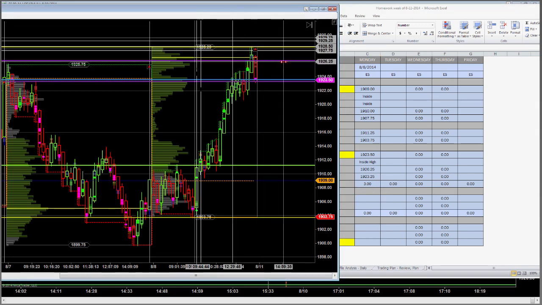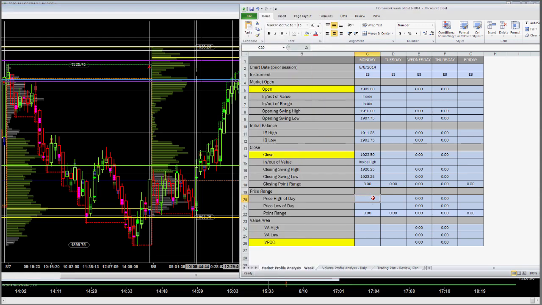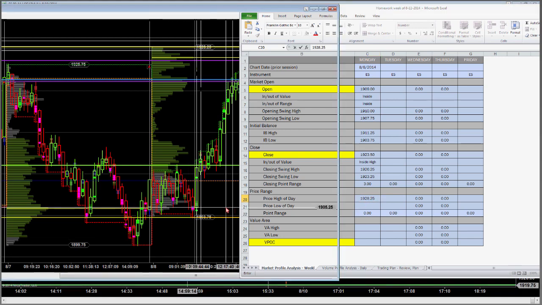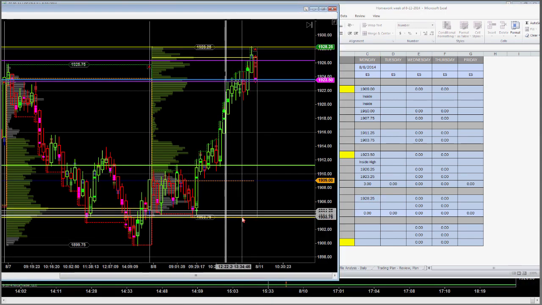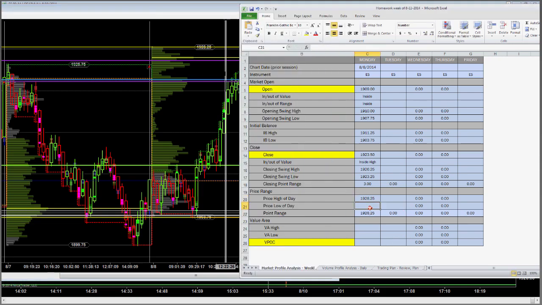So price high of day is pretty easy, right? That's just this high at 28.25, and this low down at 03.75. So I can see by my numbers that there was a fairly significant range on Friday. 24.50 is big.